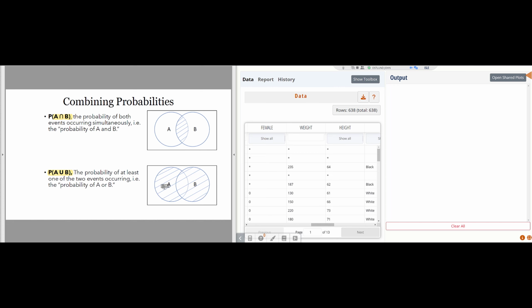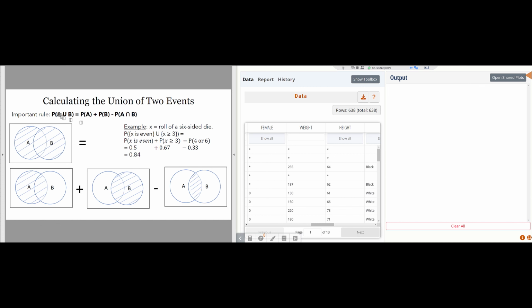Okay? Notice that in this case, this intersection is going to be people who are both men and taller than 6 feet, and that's going to complicate our calculation of how to compute this probability of one event or another event occurring.